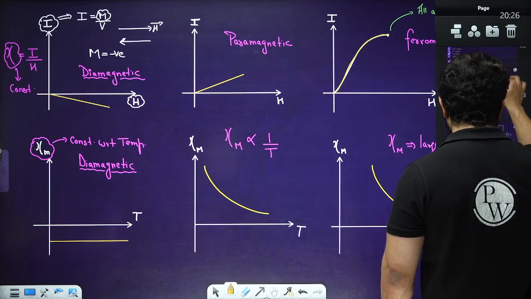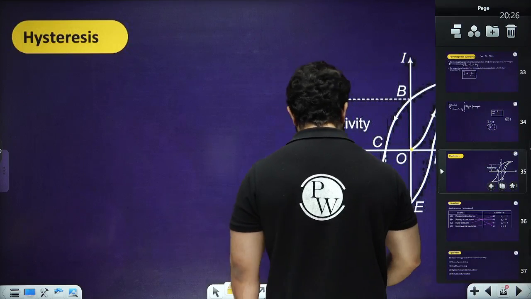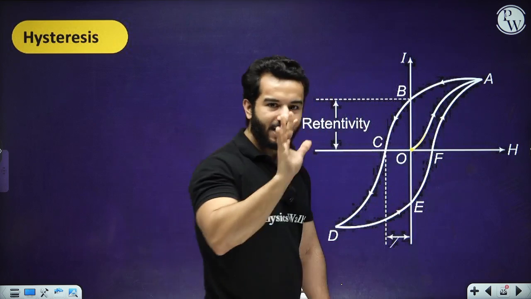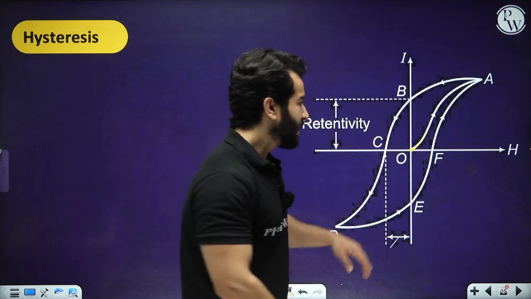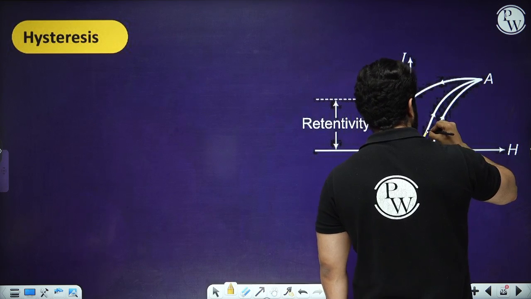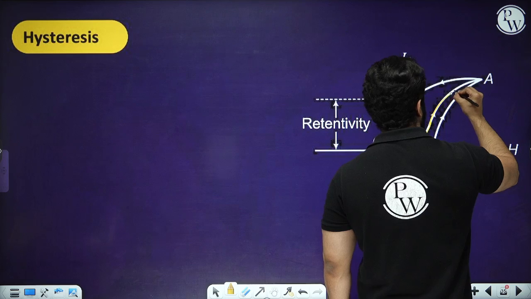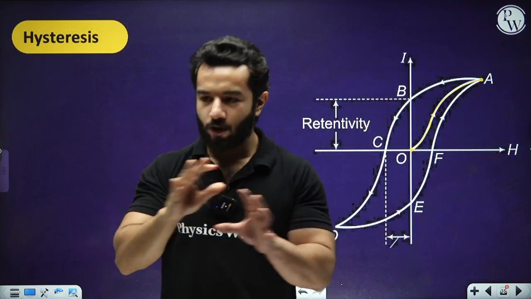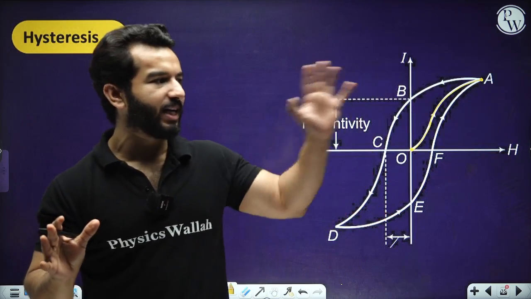Coming back to the hysteresis loop, we are increasing the intensity of magnetization, and at this point saturation is achieved. That means at point A, all of the magnetic dipole moments were aligned in one direction.